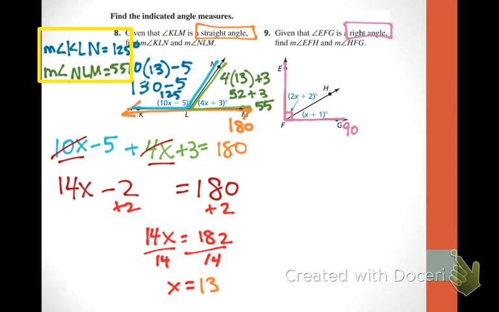So we do the same thing. 2x plus 2 plus x plus 1 equals 90. Combine the x's, we have 2x and x, which make 3x.